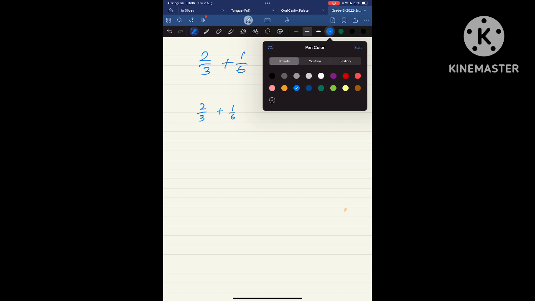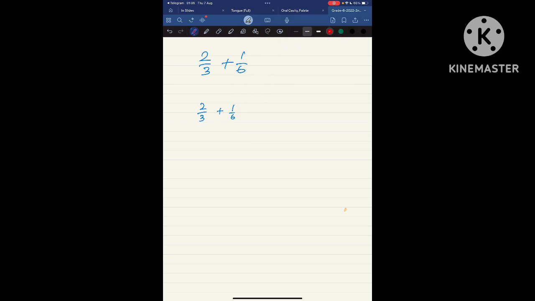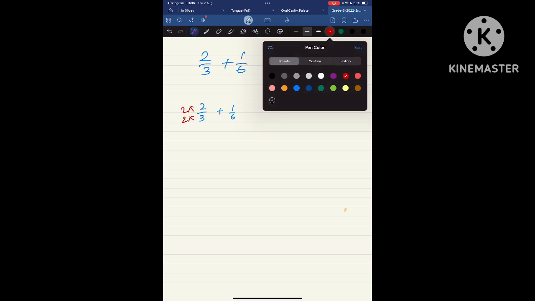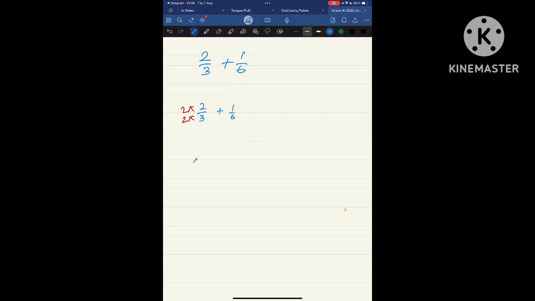This 3 you can make a 6, right? So you multiply by 2 and 2. Then it becomes 6, and 2 times 2 is 4. So now you can add. The denominator is common. The numerator 4 plus 1 is 5.